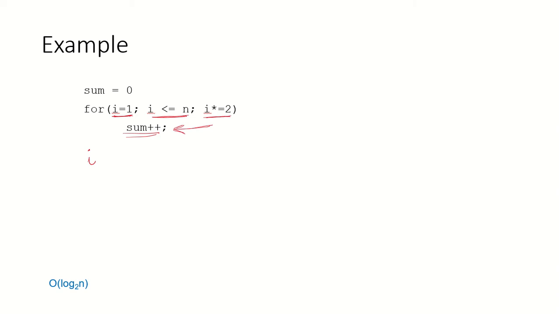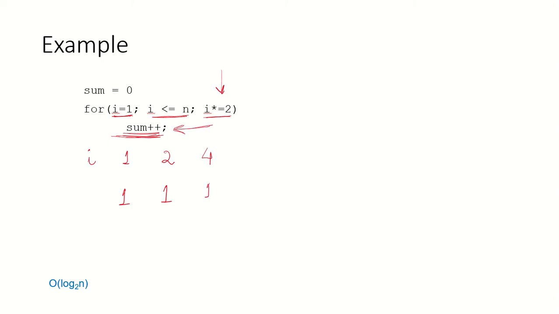So I is equal to 1, and then this sum would be executed and it will take time 1. When I is 2, again this sum would be executed and it would be taking time 1. Now I would become 4 because each time it is being multiplied by 2.